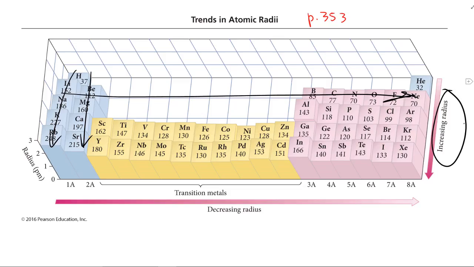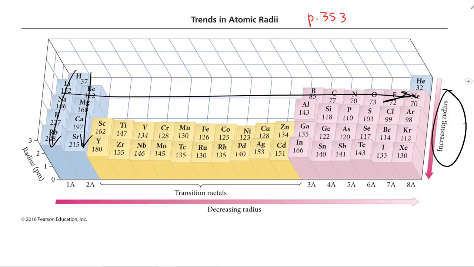Now again, it's not a perfect trend. Notice that there are some exceptions once we get in here. And once we get down here, it does not decrease a whole lot. In fact, it goes up and down a little bit. But as a general rule, it still decreases as we go across from left to right. And part of the reason why it does not decrease so much more once we get into here is that, remember, not only are we increasing the effective nuclear charge, but because we're packing more electrons into the same energy level, we also have the effect of repulsions taking place.